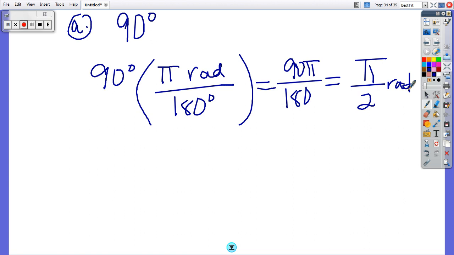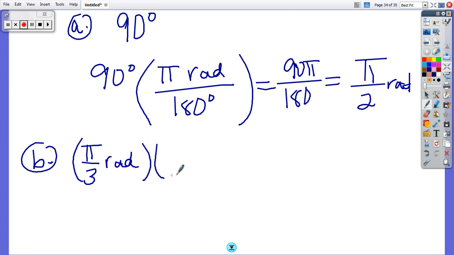Pretty easy. Let's try backwards. So in this next example, you're going to be converting pi over 3 radians to degrees. Same thing, you're just going to go opposite. I'm going to take pi over 3 radians and multiply it by 180 degrees over pi radians.